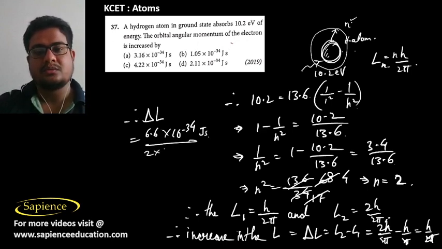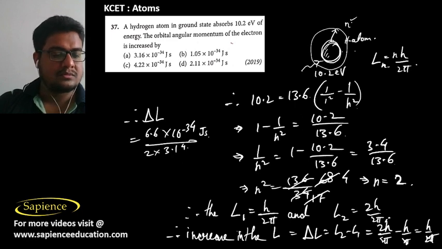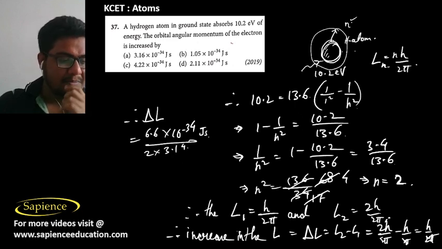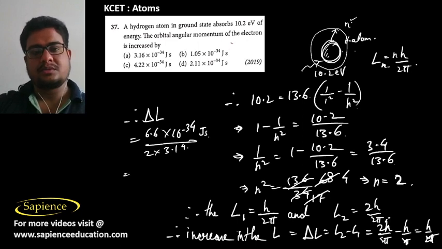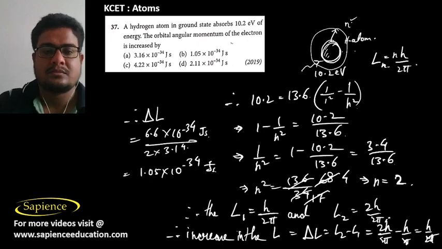So 2 into 3.14. So this is approximately 1.05 into 10 power minus 34 joule second. So option B is the correct answer.